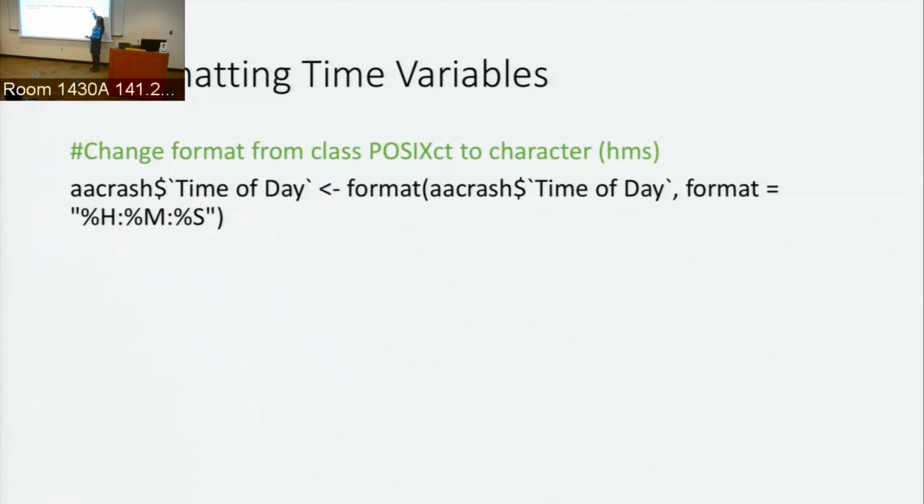And now the format is in double quotes: %H, that's creating the hour, colon, %M, that's creating the minutes, and then colon, %S, and end quotes. I only have hour information, but if you do this with an actual data set that has minutes and seconds information, it would include that.